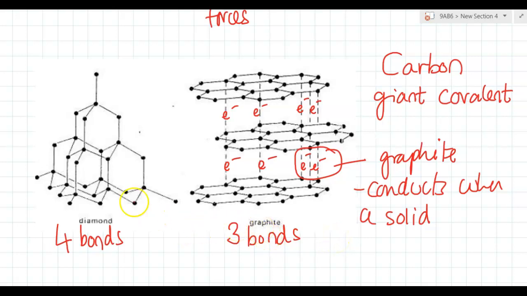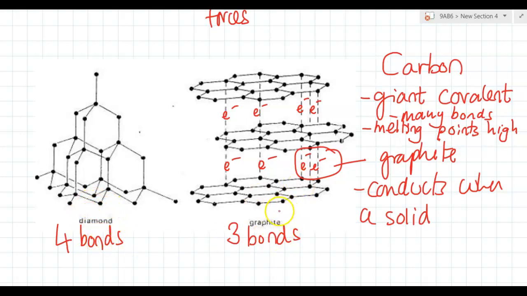Now, both of these structures are giant covalent, so they have many strong bonds, and therefore their melting points are going to be very high. All right, the diamond is very, very hard with a very high melting point.